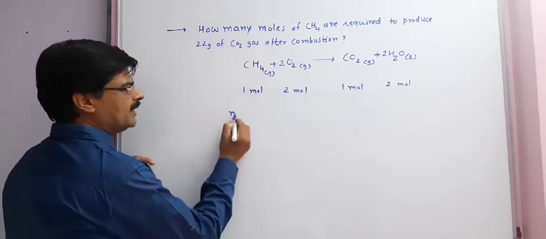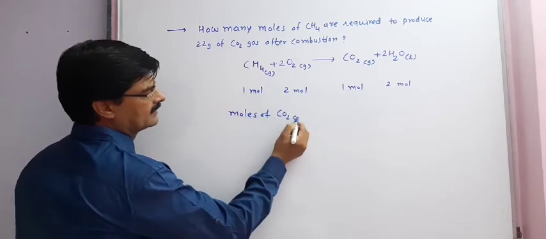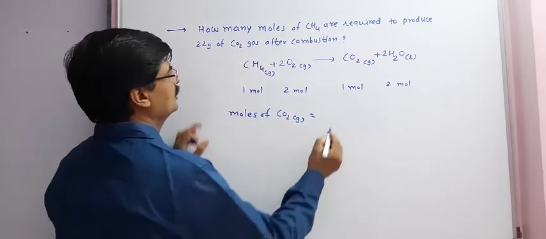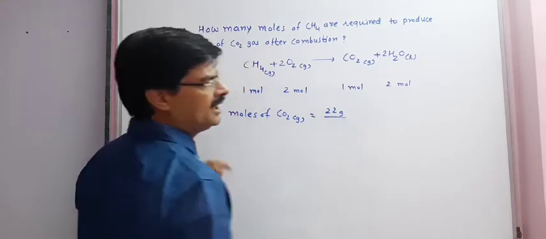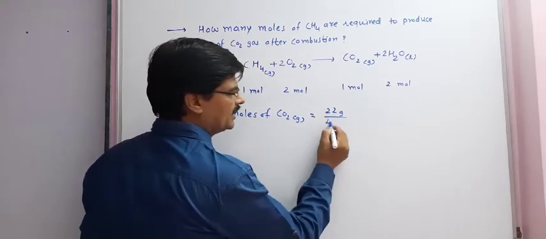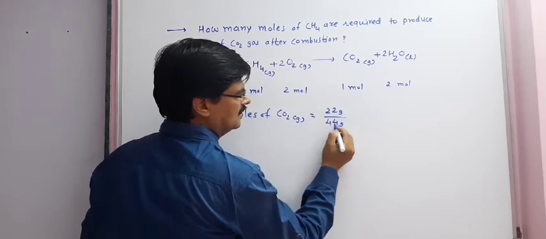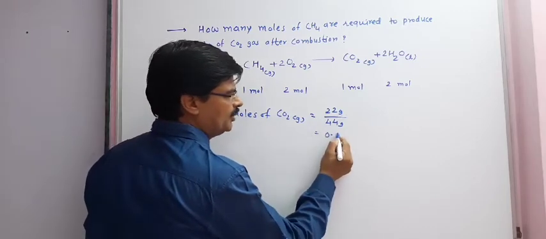So first we will find out moles of carbon dioxide gas. Moles of carbon dioxide gas is equal to 22 gram given divided by molar mass of carbon dioxide, 44 gram per mole. That is why we will get 0.5 mole.